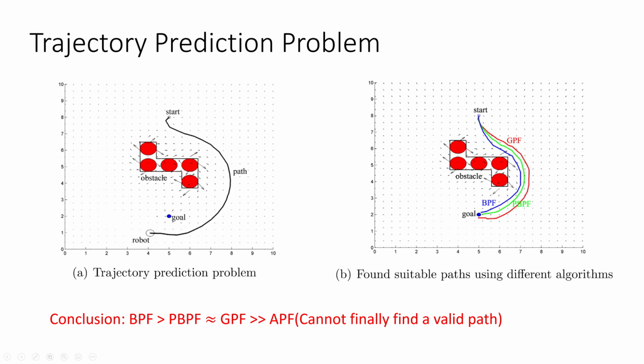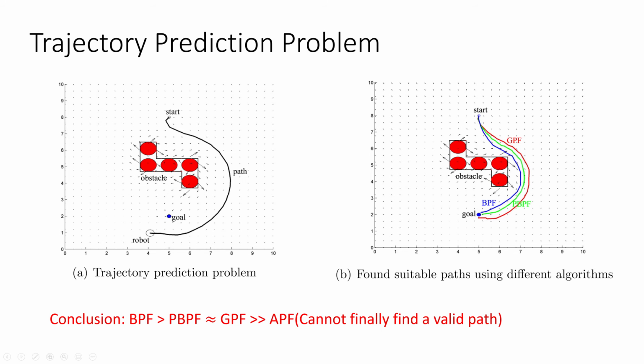As for the second problem, the trajectory prediction problem, this means that if we choose the wrong parameters, the robot may get onto the wrong path to the goal.